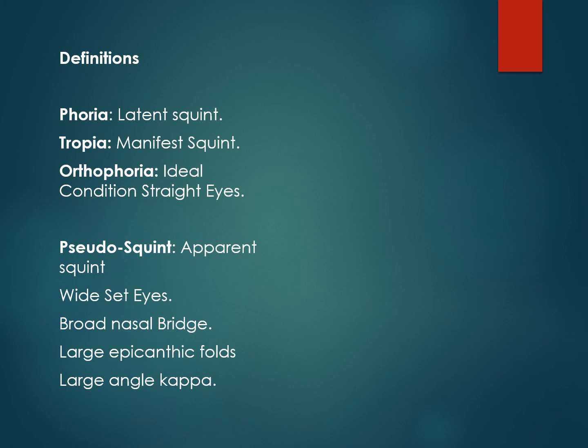Pseudosquint, it is apparent squint. It is a condition in which the eyes appear as if they are having squint, but in fact they are straight. The next picture shows the causes and the picture of a patient with apparent squint.